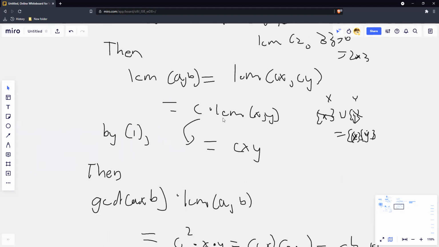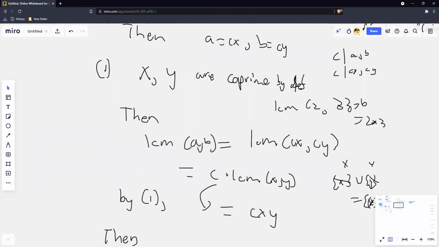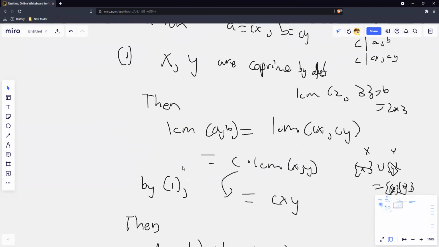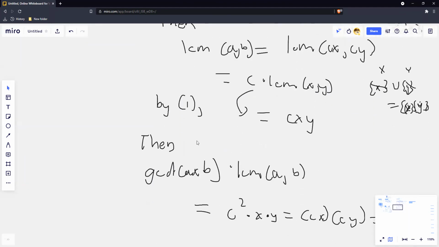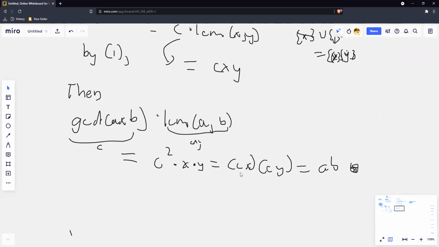And then since by lemma 1 this is equal to XY, we get C times X times Y. Oh wait, did we write the GCD? Yeah, GCD(A, B) is C. So then we multiply these two: GCD(A, B) times LCM(A, B) is equal to C times CXY, which gives C squared times X times Y. And this part is clever.